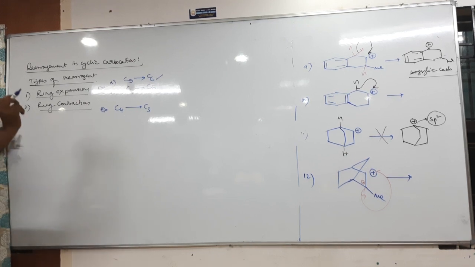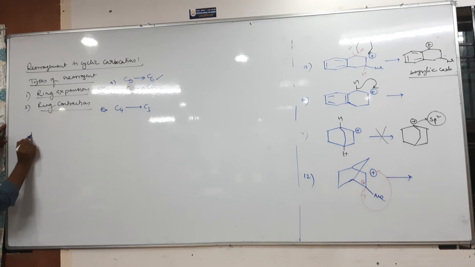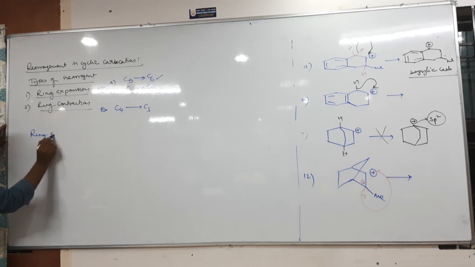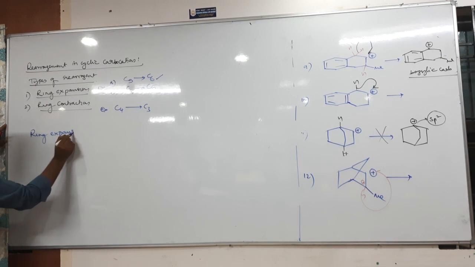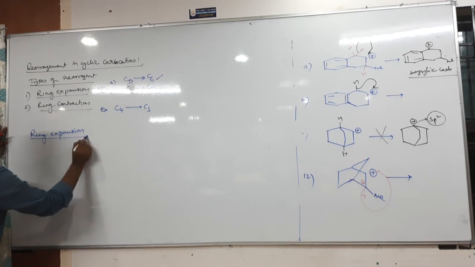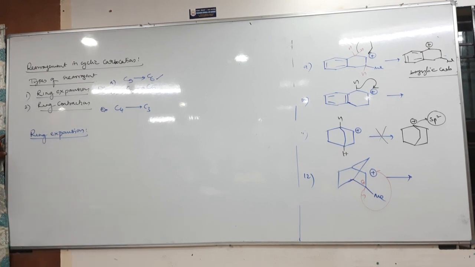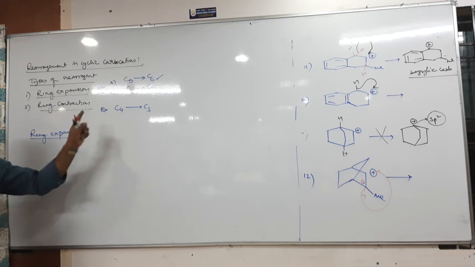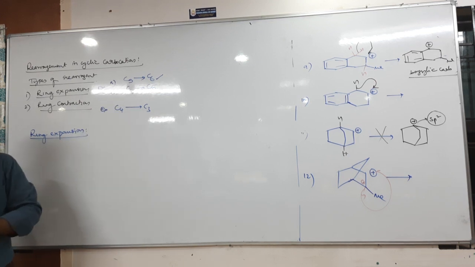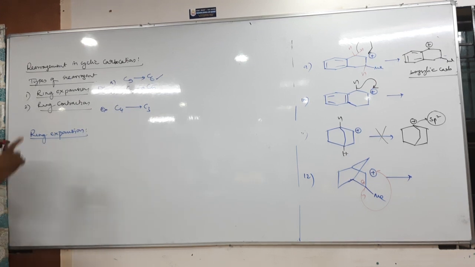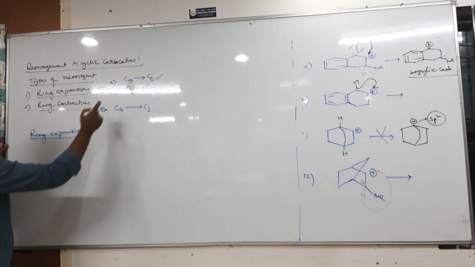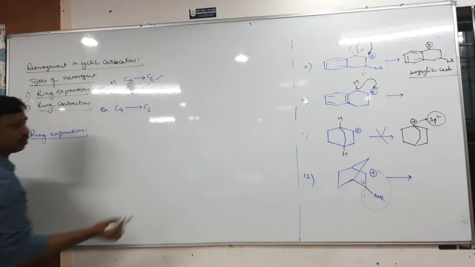Now let's study first ring expansion. In ring expansion, remember 5 to 6, 4 to 5. Okay, let me see first 4 to 5, 5 to 6. Okay, 5 to 6.